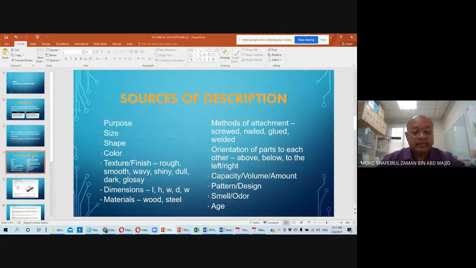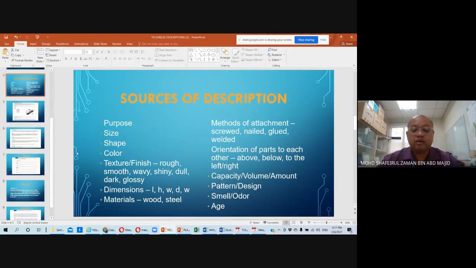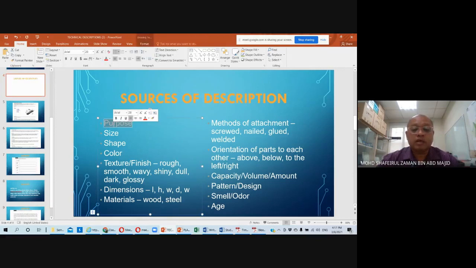Okay, next slide, we have the sources of description. These are the elements that you are going to use when you are describing a product. For example, the purpose of having the product, the size, the shape, the color, the dimensions, length, height, width, depth, and such.